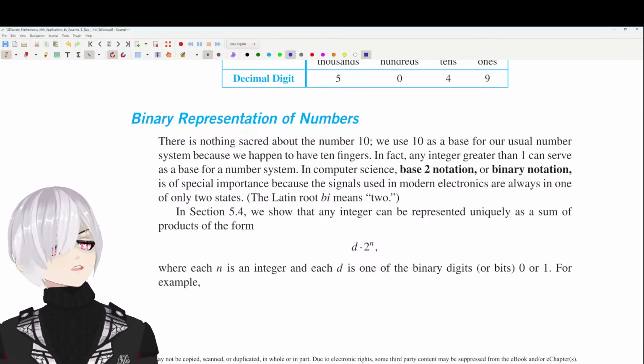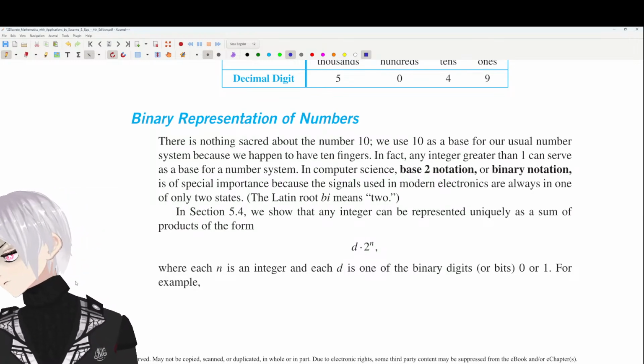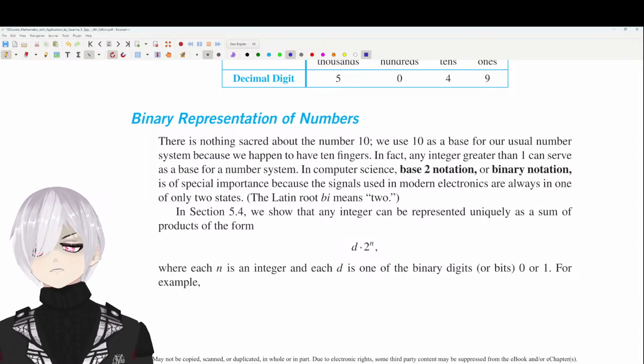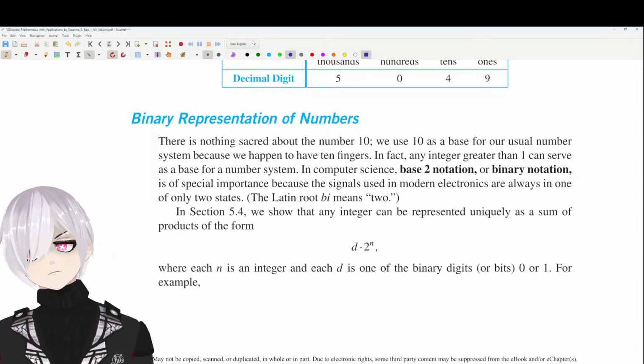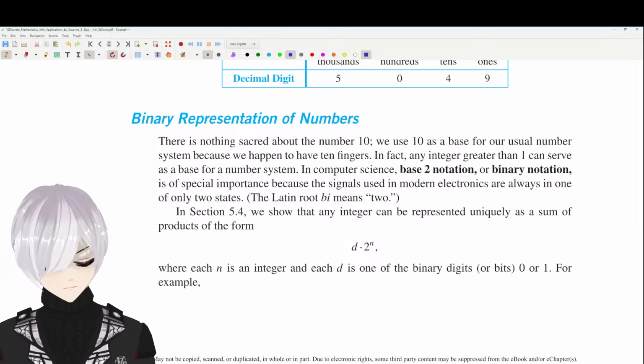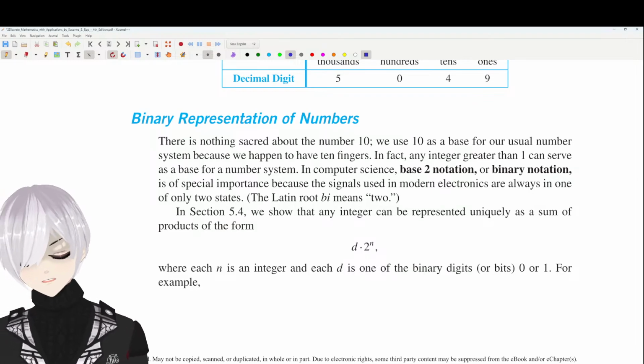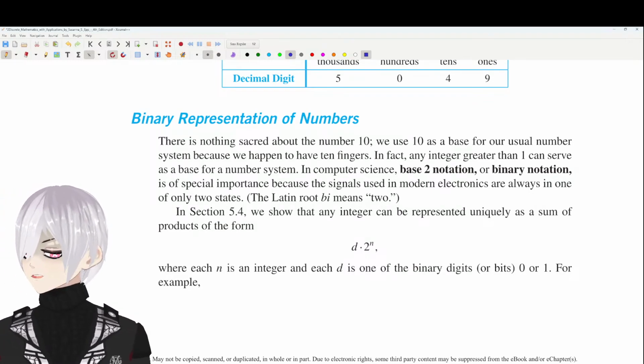I don't know if they ever really explicitly defined what a base is. They kind of gave us an example, but I don't know if there's an explicit definition that would explain why you can't have a base one system.